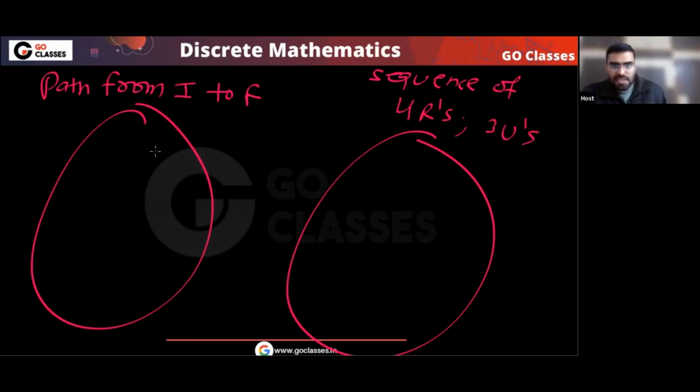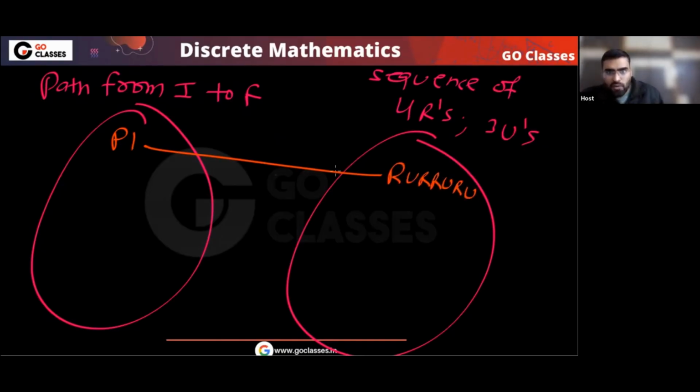Finally I can say that there is a one-to-one correspondence. There is a bijection between them. Yes or no? If you have a path P1, then there is exactly one image here. For every path, you have exactly one sequence here.